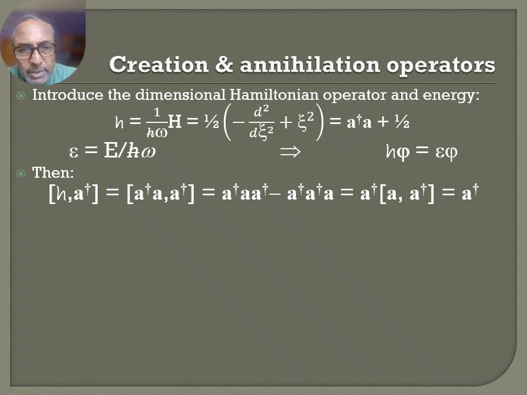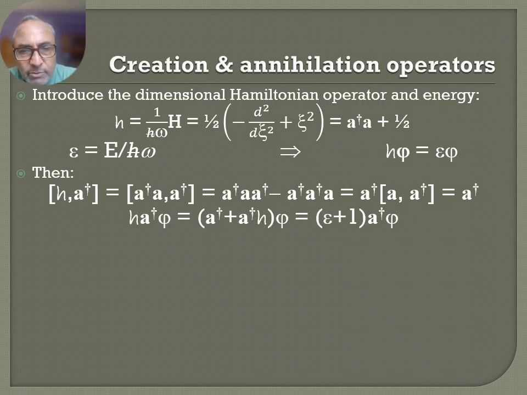Then the commutator of small h and A dagger is equal to the commutator of A dagger A and A dagger, which is equal to A dagger A A dagger minus A dagger A dagger A, which is equal to A dagger times the commutator of A and A dagger, and using the value of that commutator, that is equal to A dagger.